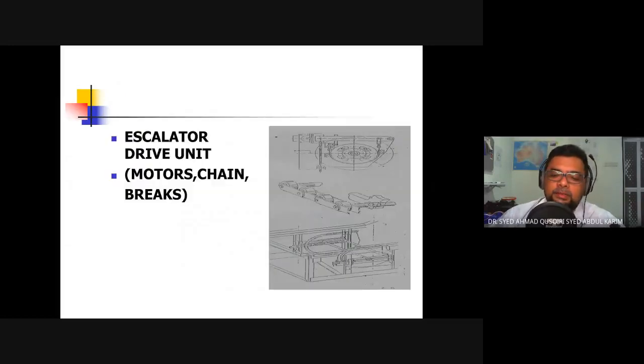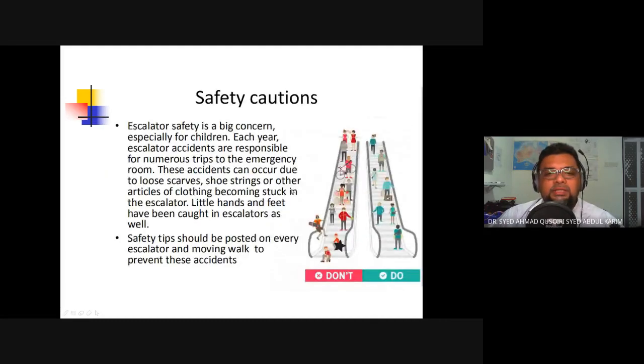So these are some examples of the electric motor, the drive chain, and safety cautions. This is a big concern because there are a lot of escalator accidents due to mechanical failure and also due to the pedestrians themselves who are not using the escalators properly.